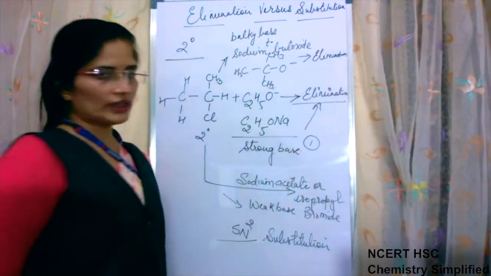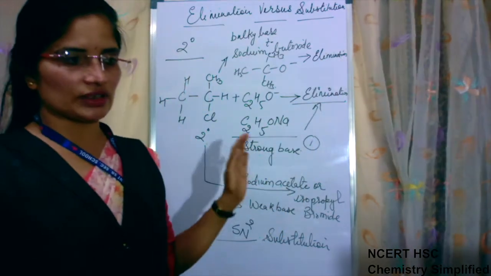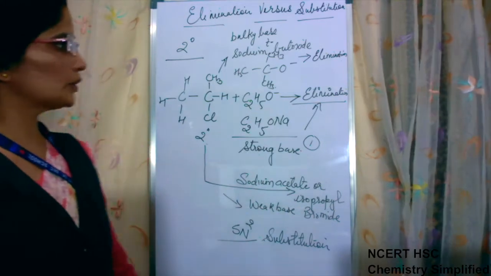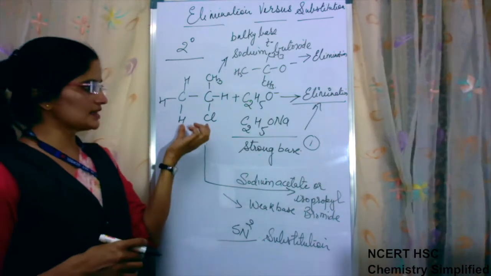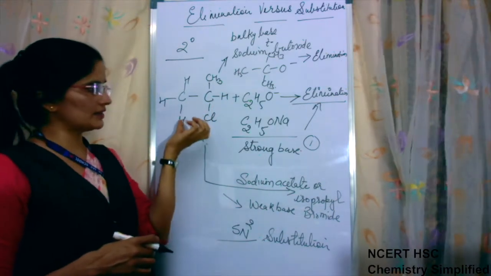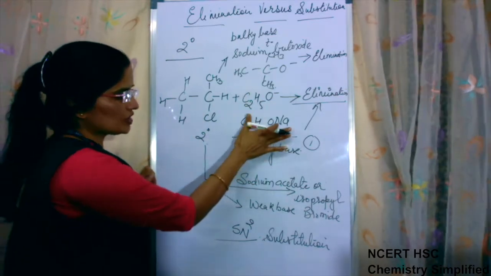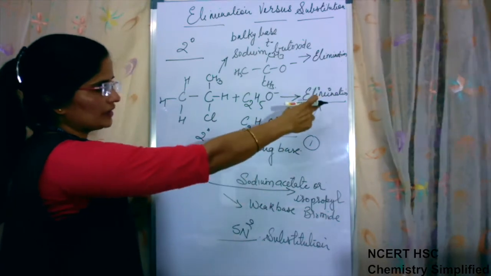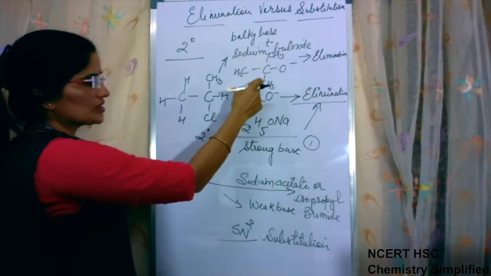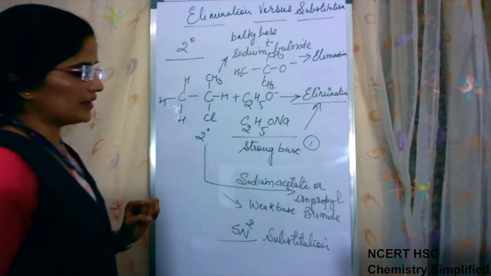So we have to remember such reactions, which confuse and are always given in questions. If a 2 degree alkyl halide is given in the question, you just look at which base is given. If sodium ethoxide is written, your product should be elimination. If sodium tertiary butoxide is written, again your product should be an elimination product.